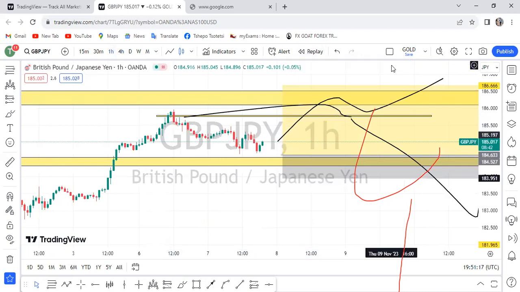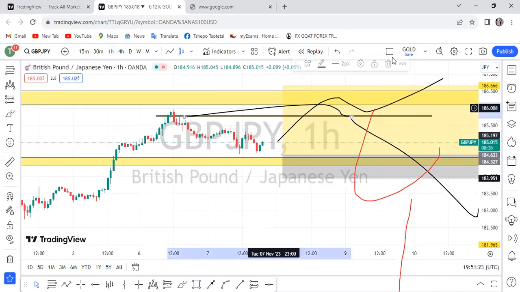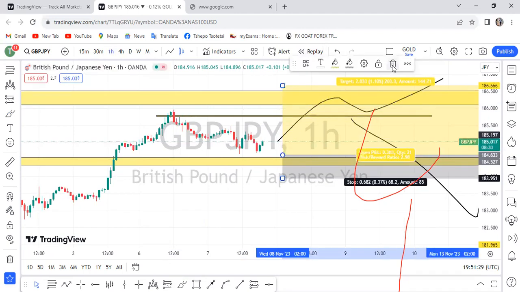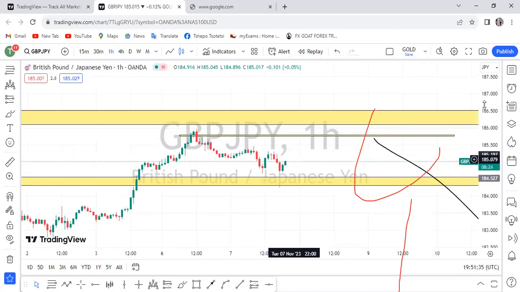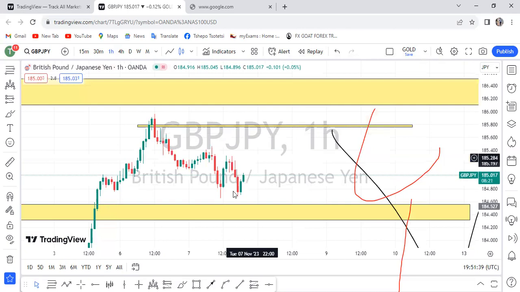But so far, I think buying opportunity, you can take those small buys for now. You can take those small buys because already you can see the market failed to make a lower low.